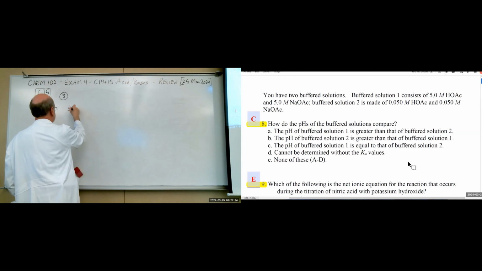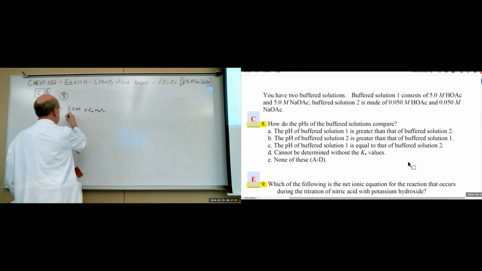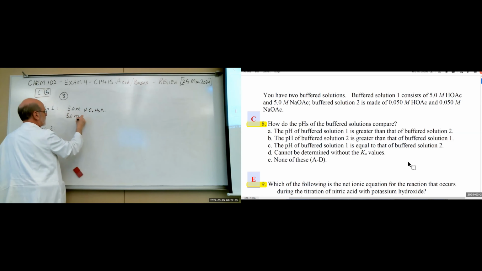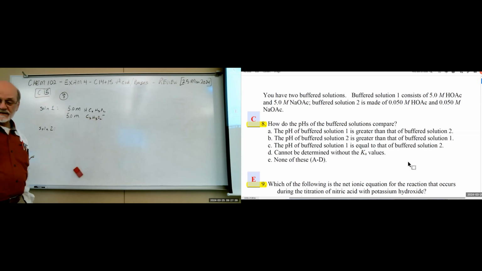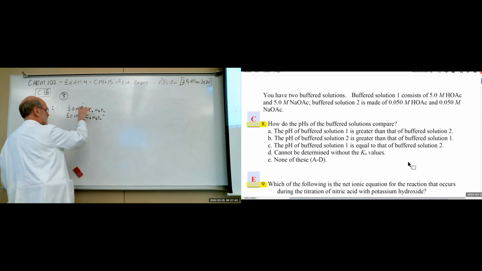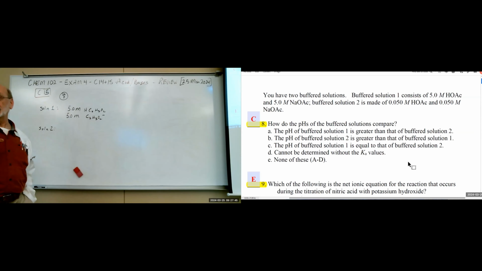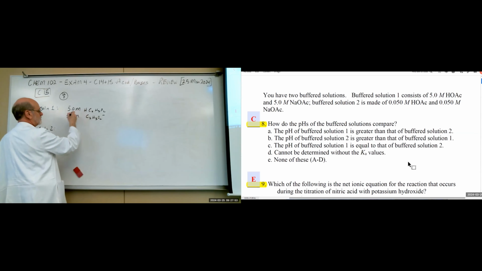So we have 5 molar acetic acid, HC2H3O2, and 5 molar acetate ion. That's what that's saying. Sodium acetate, right? Sodium is a spectator. So we have equal concentrations of these, which means what? We're right smack dab in the middle of the buffer zone. The best place to be for a buffer.